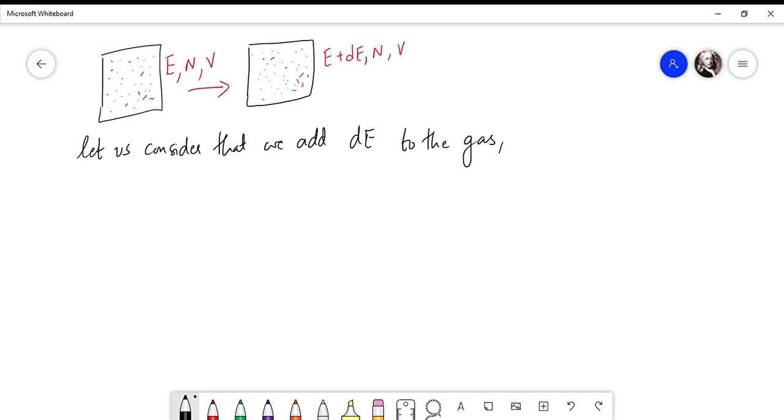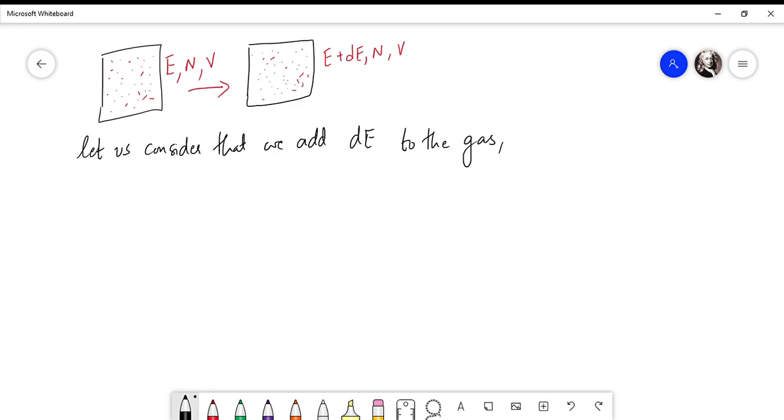What it also means is that there will be some shufflings of particles going from one cell to the other cells, right? So there is a change in the number of particles in each energy state, each energy level or cell.